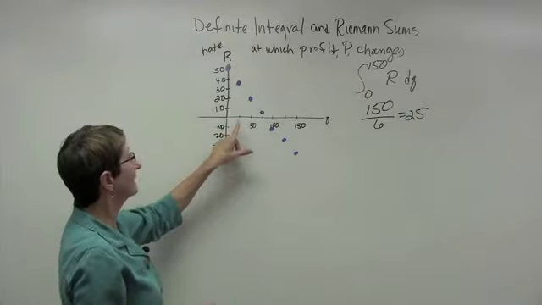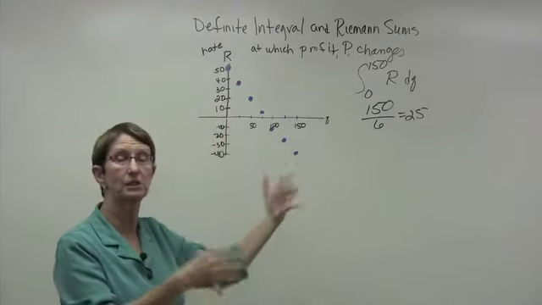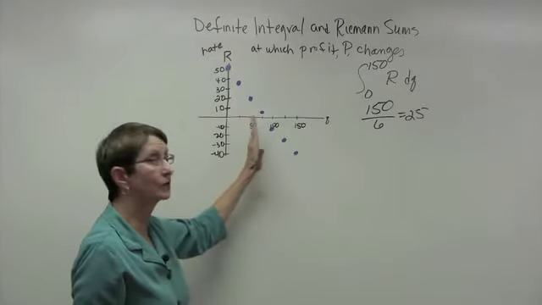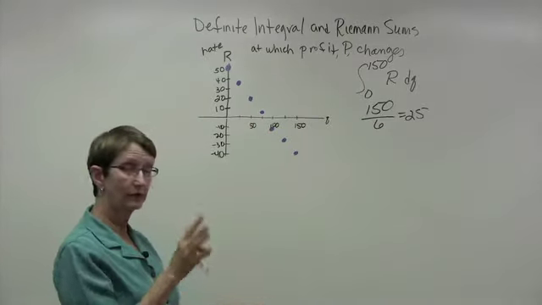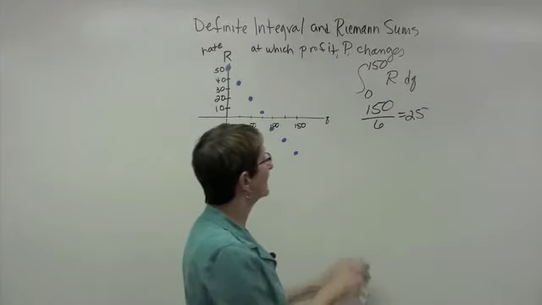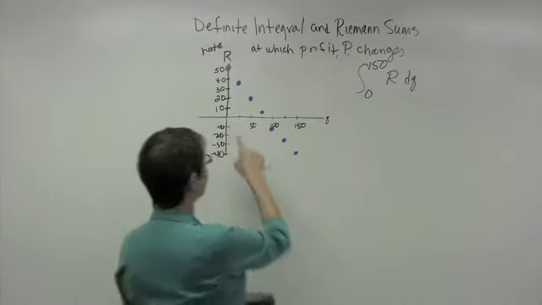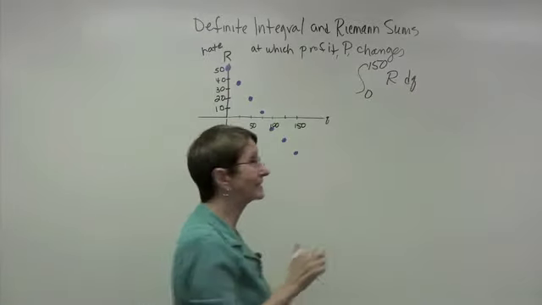Or you can think of dividing your 150 by the 25 units apart gives us 6 intervals that we're working with. You can think of it either way for this problem. So my change is 25. That's my change on the interval for my data.